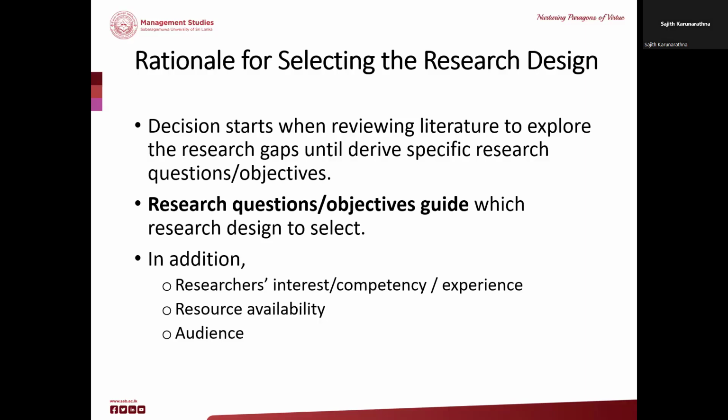Whether to proceed with a phenomenological study, a grounded theory approach, non-experimental survey research, or an experiment design. That should be based on the nature of the research questions or problems you have at hand.